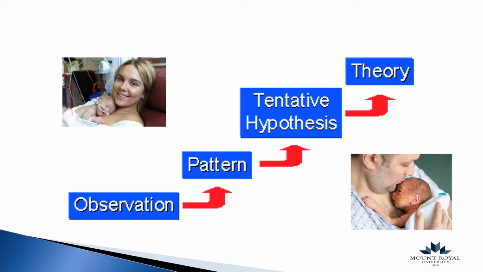That's an example of how just looking for patterns or observations through the gathering of qualitative research, we might be observing mothers doing kangaroo care, or we might interview mothers about that experience and go on to develop this tentative hypothesis or theory. So going from very specific details and patterns to more general theory.